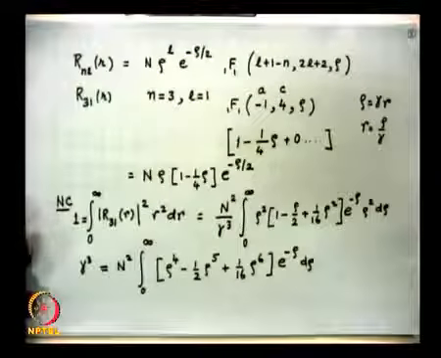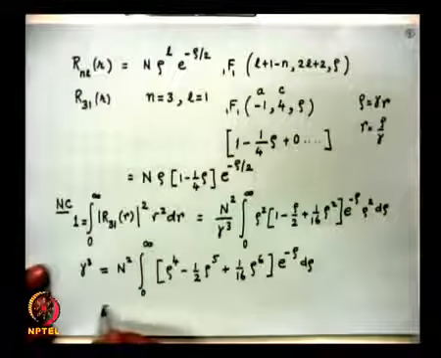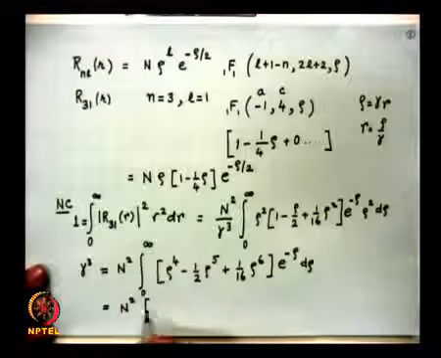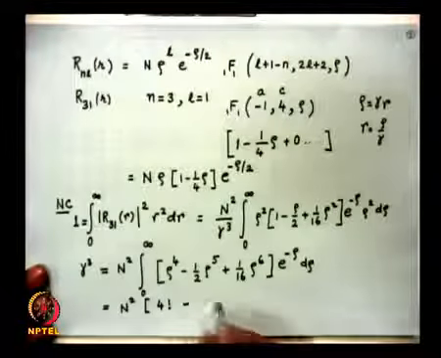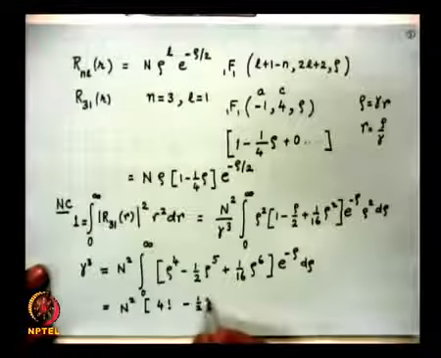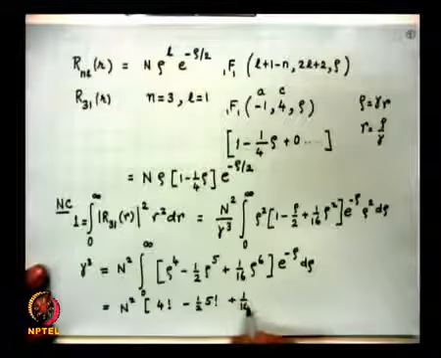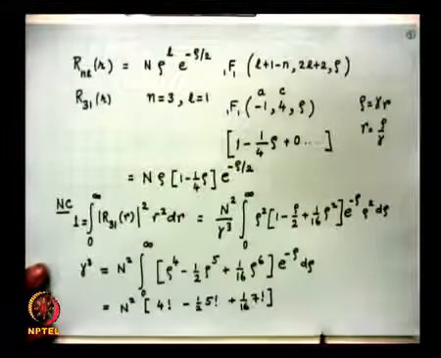The integrals are very straightforward, they can be written in terms of gamma functions. So, this is equal to N square times the bracket gamma of 5, which is 4 factorial, minus half of 5 factorial, plus 1 over 16 of 6 factorial, and that is it.